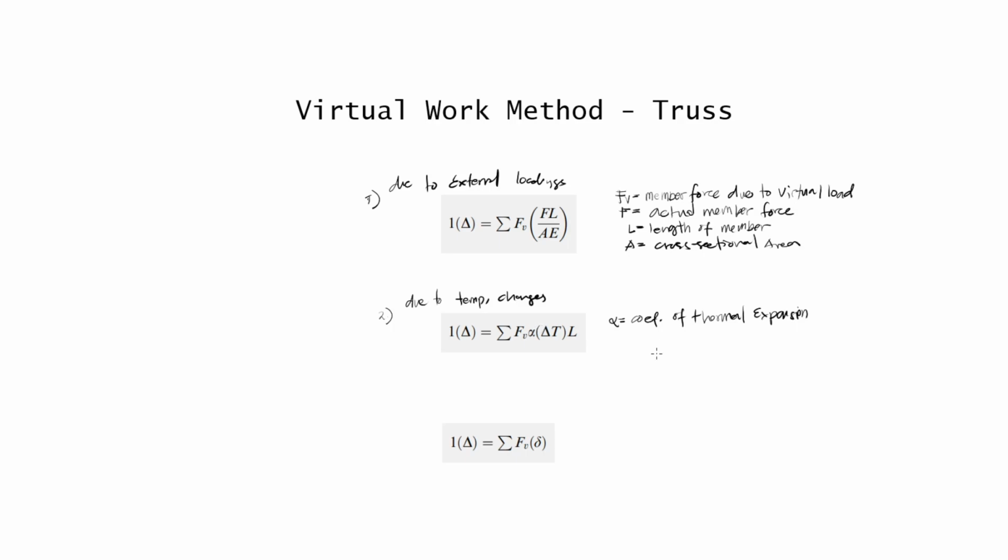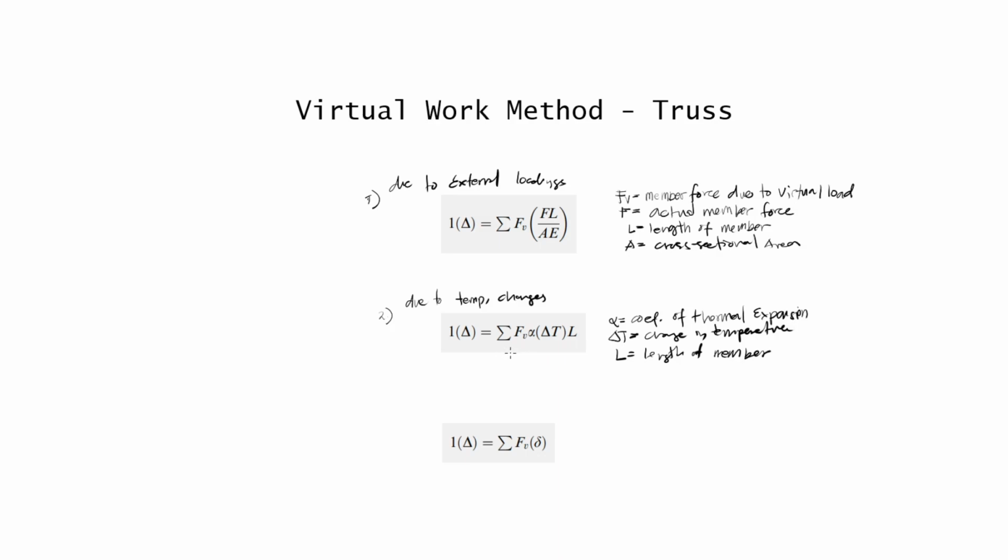And then, delta T or the change in temperature. And then L here is the length of the member. Okay? So, yun yung number 2.